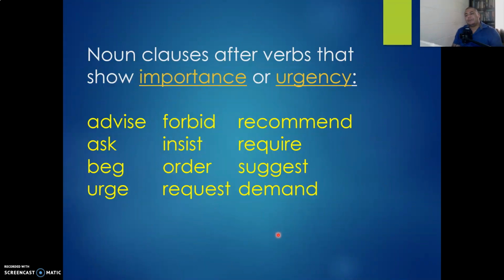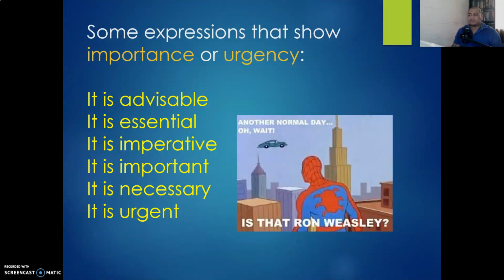Noun clauses can also happen after verbs that show importance or urgency. Verbs like advise, ask, order, suggest, demand. We also have some expressions that show importance or urgency, and they can also use a noun clause after them. And check this out. In all of these cases, it is advisable, it is essential, it is imperative, it is important, it is necessary, it is urgent.